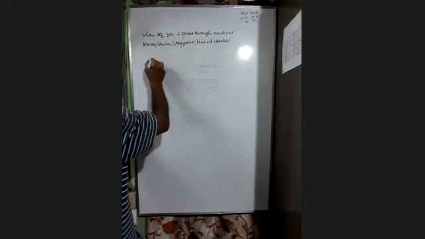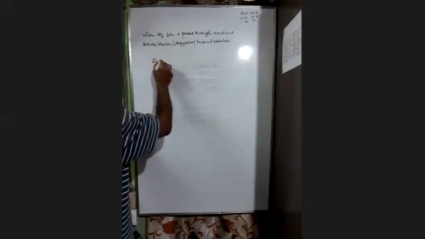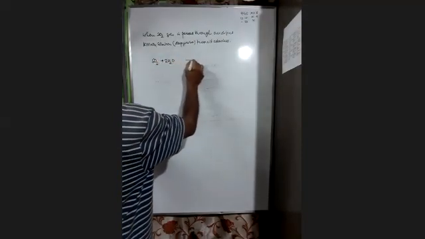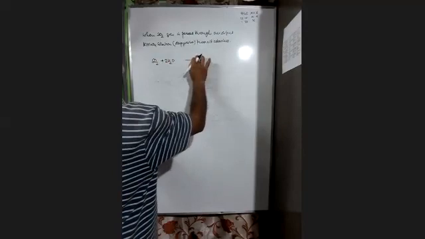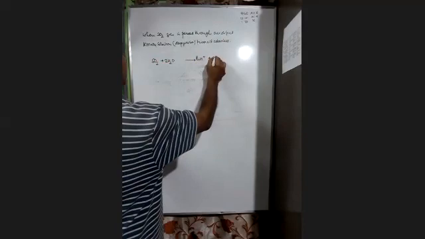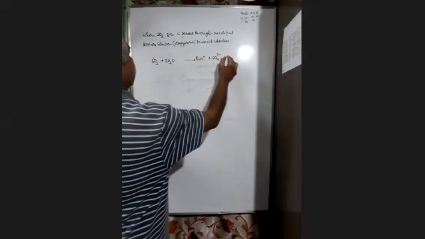So let me do it. Here I am going for ion electron method. If I go for conventional equation, it will be extremely confusing. Okay. So I write now here SO2, 2H2O, giving us 4H plus, SO4 2 minus.